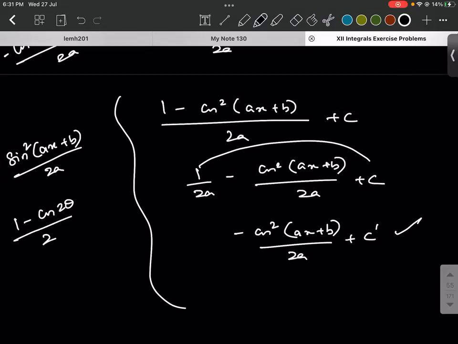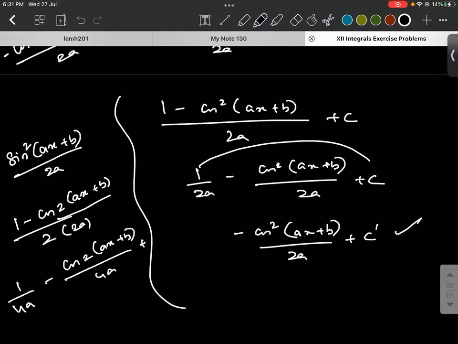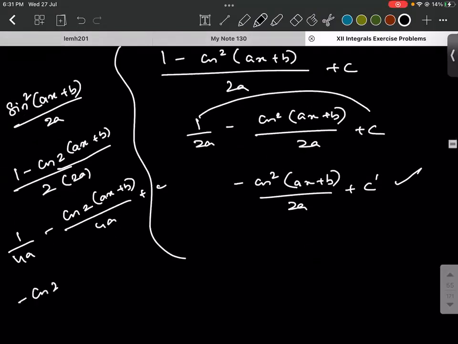So 1 minus cos 2 into ax plus b divided by 2 into 2a. I can write it as 1 by 4a minus cos of 2 into ax plus b divided by 4a plus c. So this is also right.